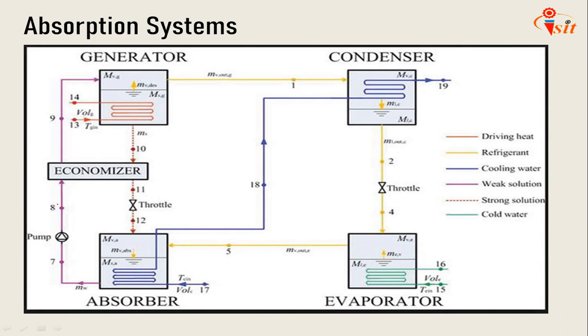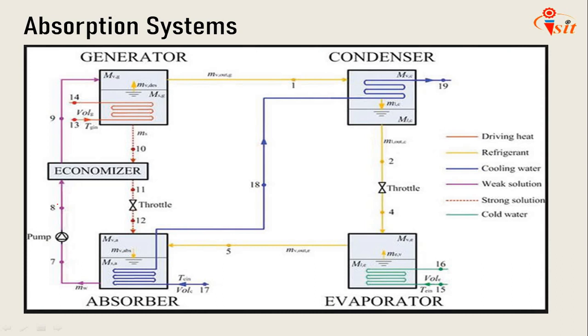Now we will head towards the solar thermal cooling systems. In that, the first one is absorption systems. The absorption refrigeration cycle is one of the oldest refrigeration technologies. It operates under the same principle as the conventional vapor compression refrigeration cycle on the reference side.